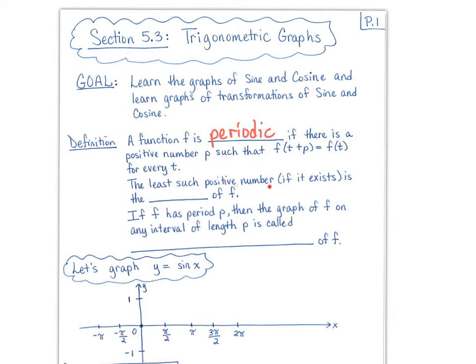The least such positive number, if it exists, is the period of f. If f has period p, then the graph of f on any interval of length p is called one complete period.